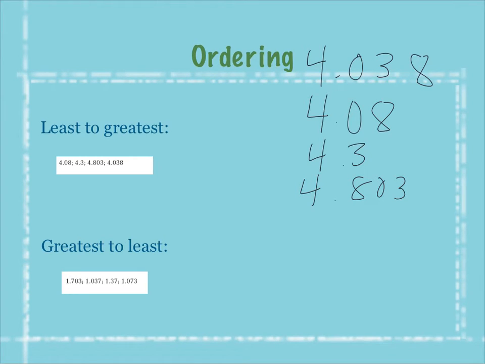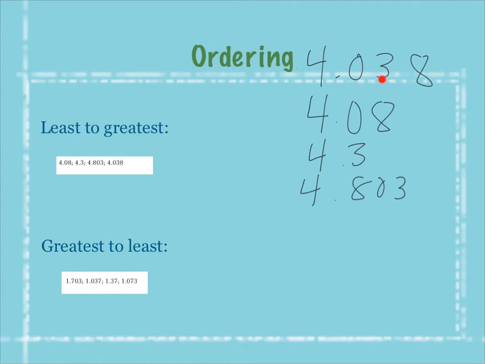So if I move over to the tenths place, I can see that these two numbers right here both have a 0 in the tenths place. Now, because the question has asked me to order from least to greatest, I'm going to be looking for the smallest one first. So these two numbers have zeros in the tenths place, which means that either one of these two is going to be the smaller number.